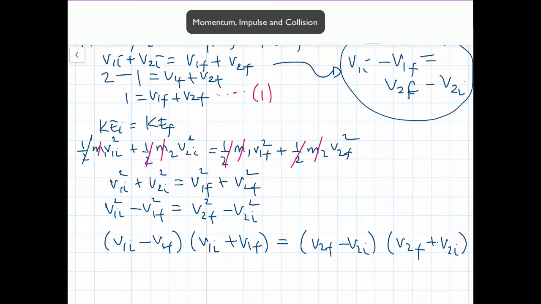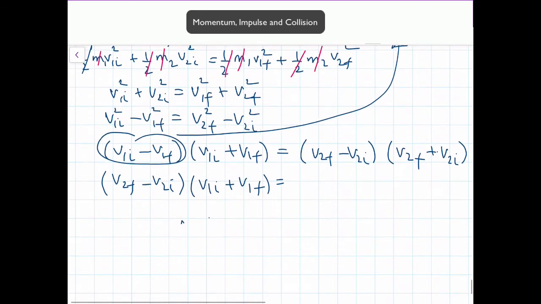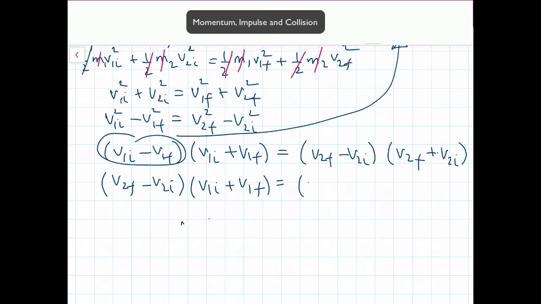So instead of v1 initial minus v1 final, what I can do is v2 final minus v2 initial. I substituted this part from whatever I have here into v1 initial plus v1 final equals v2 final minus v2 initial times v2 final plus v2 initial.